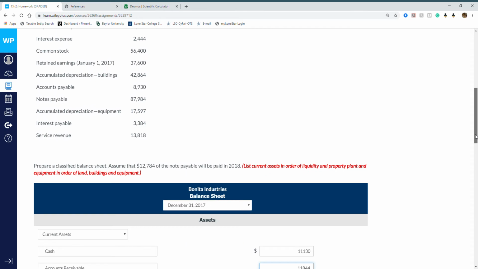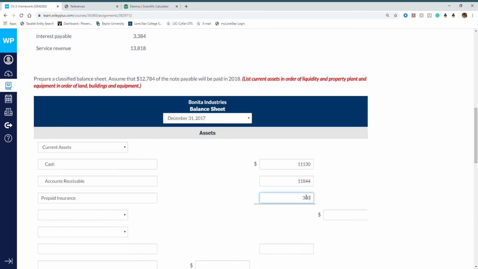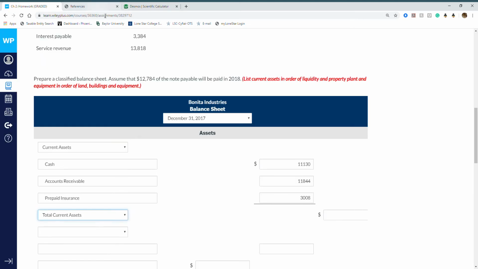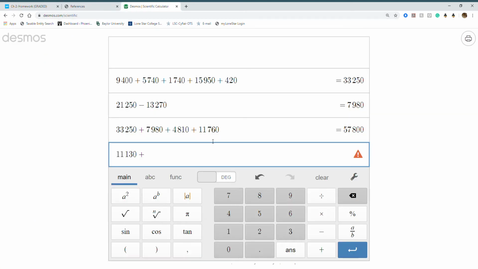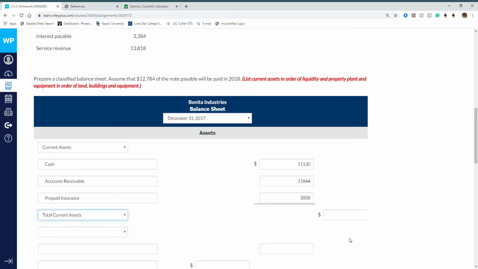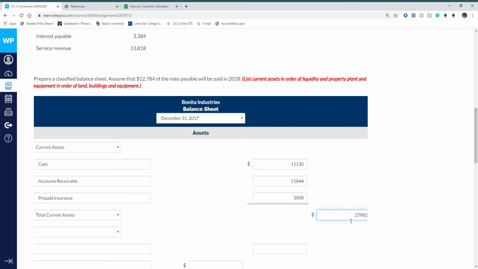Prepaid was $3,008. Okay. And again, we'll have our total current assets right there. Add these up. And remember, your numbers may be different than mine, but the process is still the same. 11,844 and 3,008. 25,982. Okay, so there's our current.